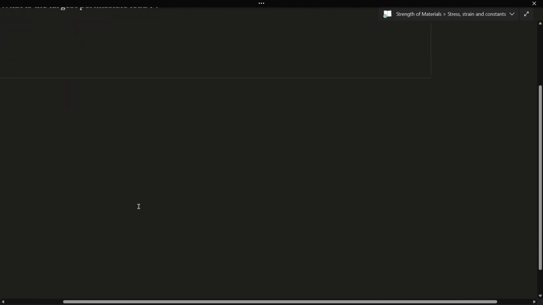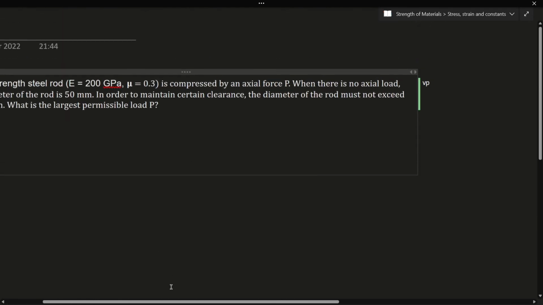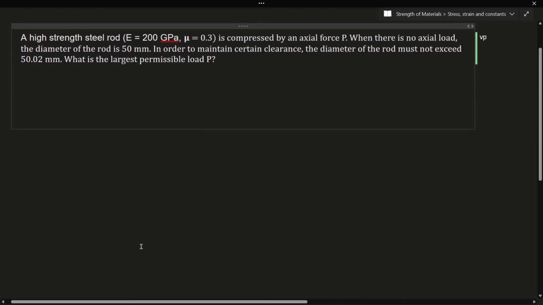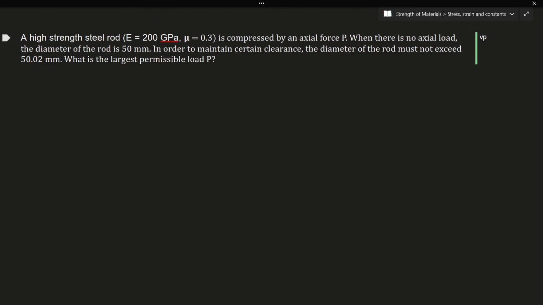Okay, a high strength steel rod has E equal to 200 GPa. So E is equal to 200 into 10 to the power of 9 pascals.